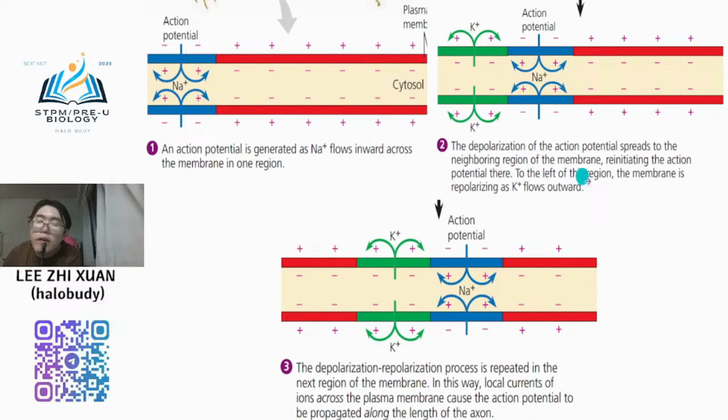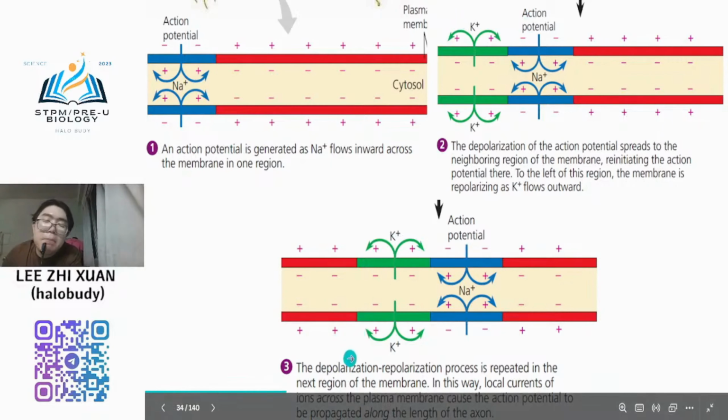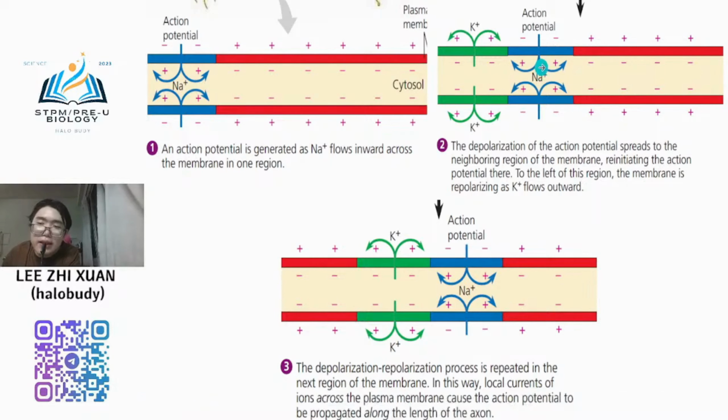To the left of this region, the membrane is repolarizing as potassium ions flow out. And then after that, this depolarization and repolarization process is repeated. So here is the depolarization process, right? Once it has had the action potential, it will enter the repolarization process.